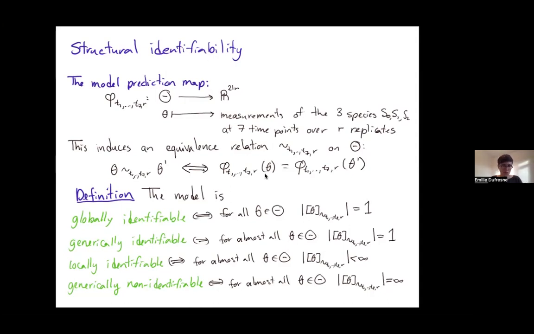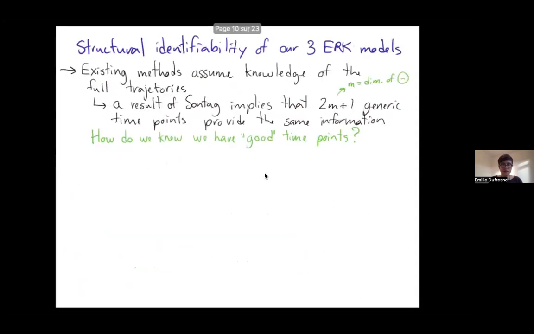Okay, so what happens in our examples? One thing that I want to note is that I defined this notion with this map, and now this map exists, at least in theory, but you cannot always get your hands on it because you cannot always have analytic solutions to your system, for example.